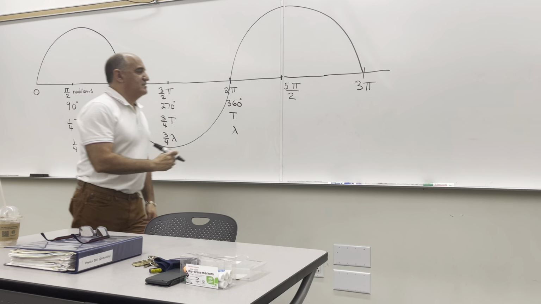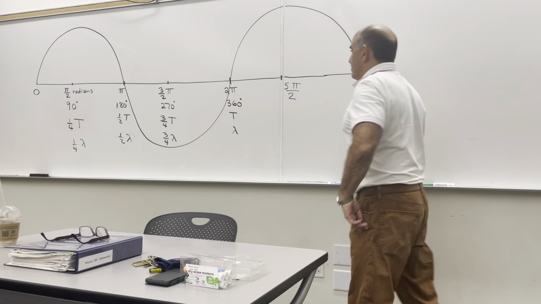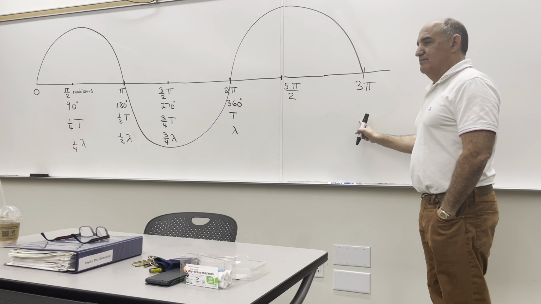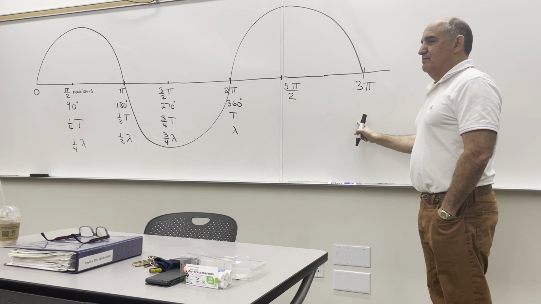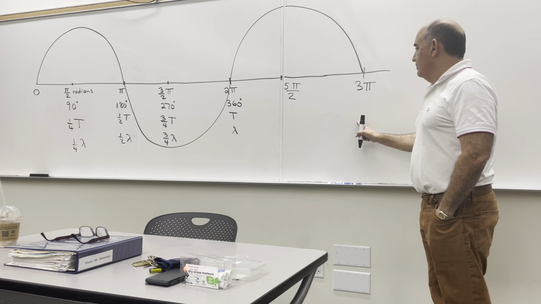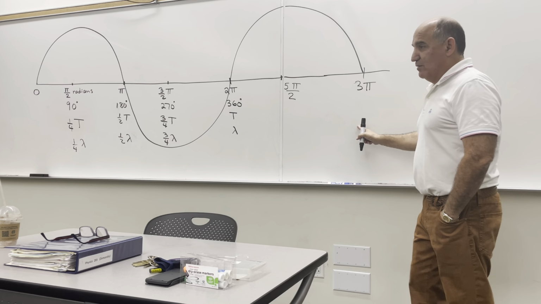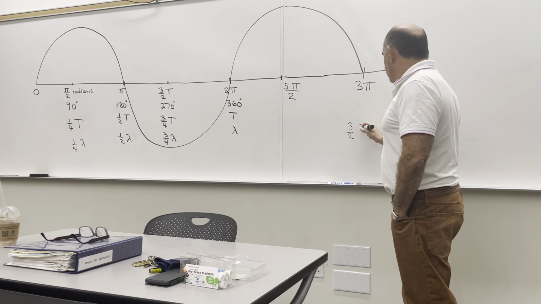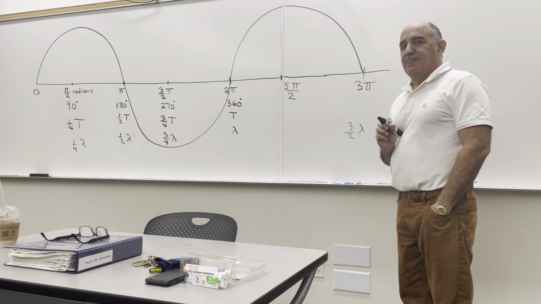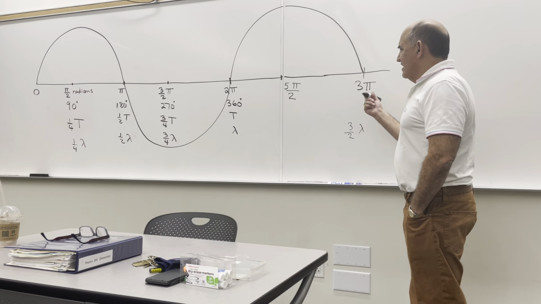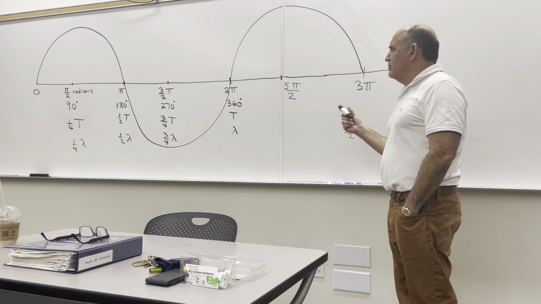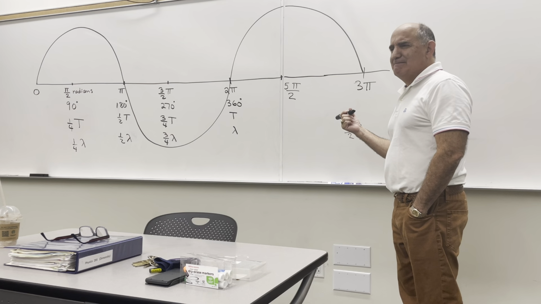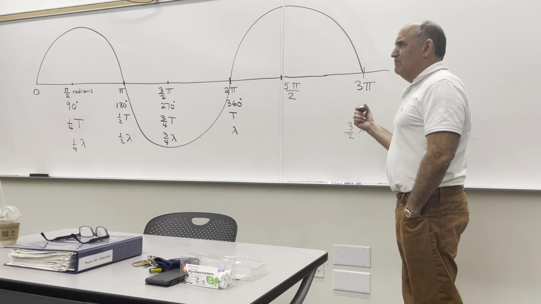In terms of distance, what's this distance over here? 1.5 wavelengths, or 3/2 wavelengths, right? And in degrees it would be 360 plus 180, 540?